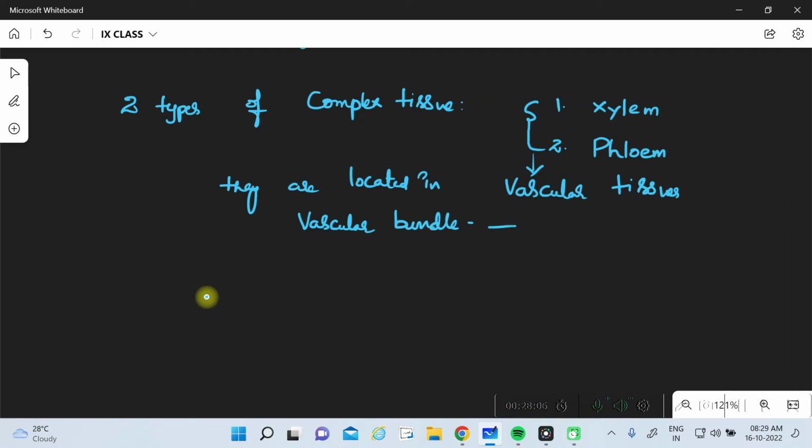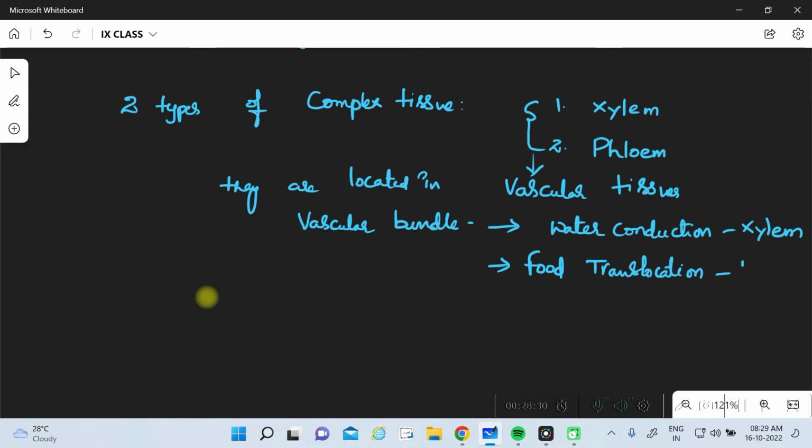They deal with the function of water conduction by xylem and food translocation by phloem. Water conduction by xylem and food conduction by phloem.